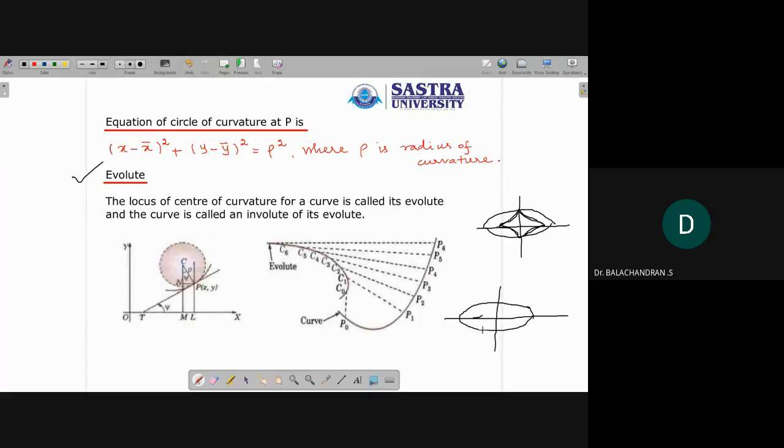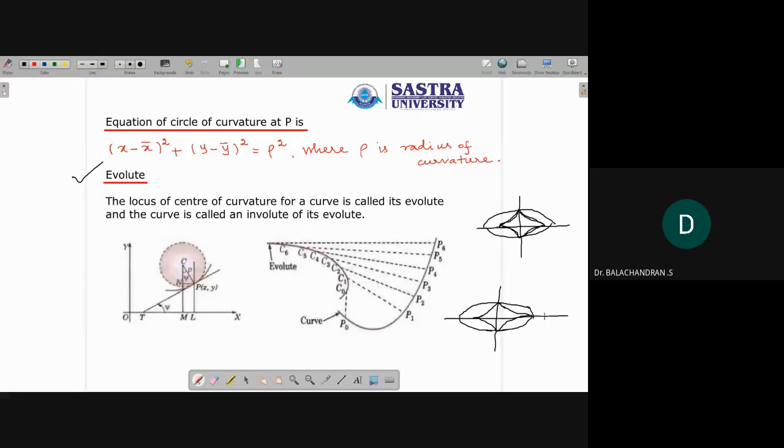If you trace the points here, it is also changing the points here. So this is the center of curvature for the corresponding points on the ellipse. Similarly, this looks like the asteroid. So this is one of the examples. That's why I sent the link to you.